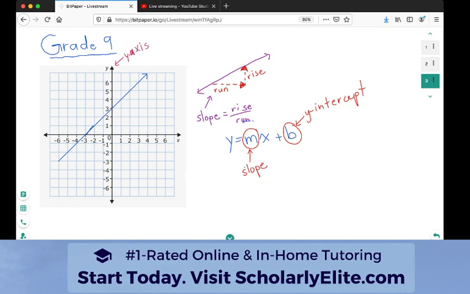And what we're asking is what is the exact point that the line crosses the y-axis? So in this case, it is right here at 3. So now, keeping that in mind, we can add that over here. So we know that the b term is positive 3 in this particular case.